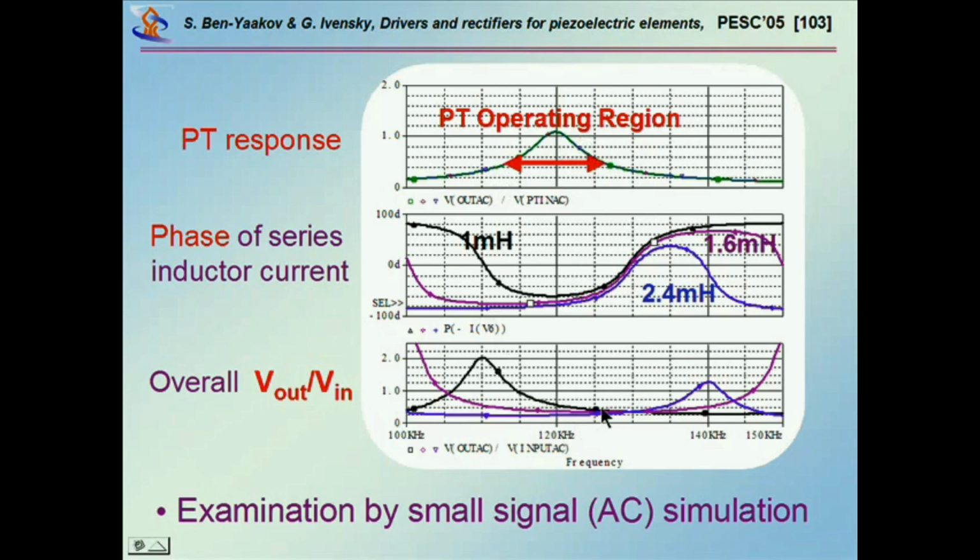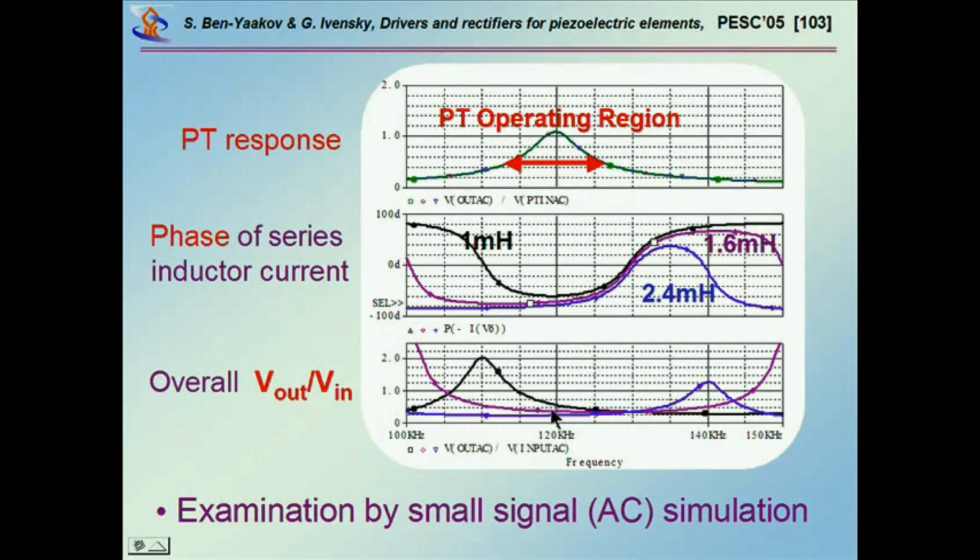Among these, the black one seems to be the best in terms of giving you a better gain. But still, for this particular piezo, you lose gain. One would mean that it was 1-to-1, and here you actually lose gain.